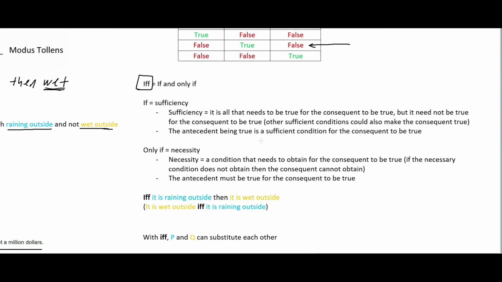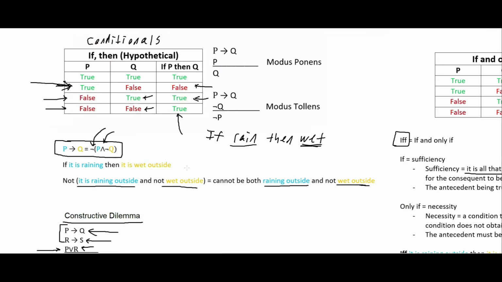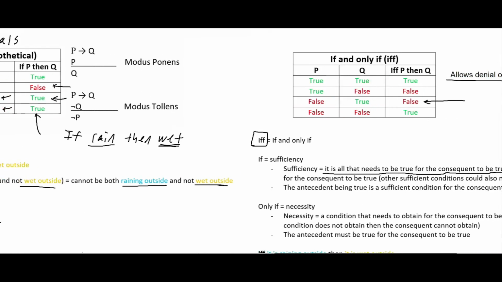The difference is that if is just talking about sufficiency, where sufficiency is all that's needed to be true for the consequent to be true, but it need not be true for the consequent to be true. And so that goes to our third row here.